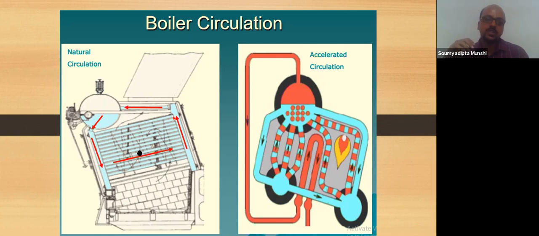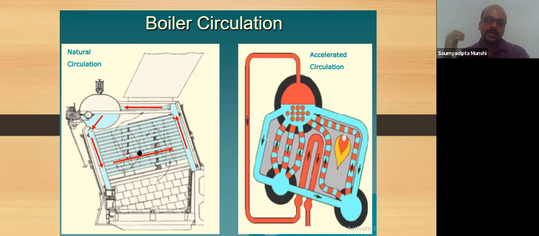The water on the surface of the tube is converted to steam first, because the heat is transferred from the hot gases to the water through the water tube wall. That water first converts to steam, mixes with the water which has not converted to steam, and goes back to the drum.